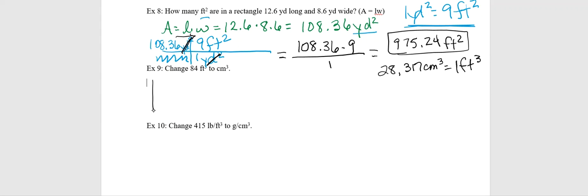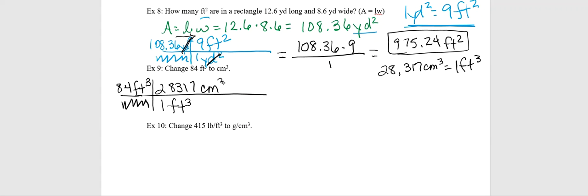So I can go straight to my table. I have 84 cubic feet, which means I have to put the cubic foot on the bottom since it was on the top on the left, and the 28,317 cubic centimeters on the top. My cubic feet cancel.